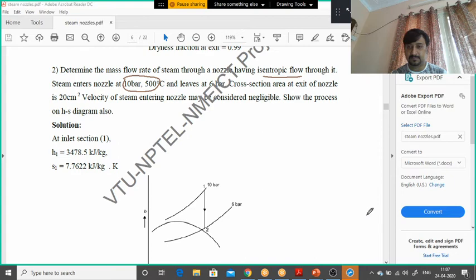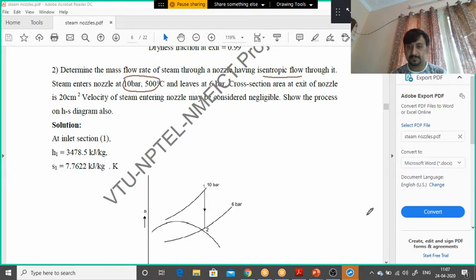We can see here this is 10 bar, and there is the temperature line which is 500 degrees Celsius. They will meet at one point. You have to check that point and make it the first point, point 1. Then they are saying it flows isentropically through the nozzle. The velocity of steam entering the nozzle may be negligible. Show the process on the HS diagram.